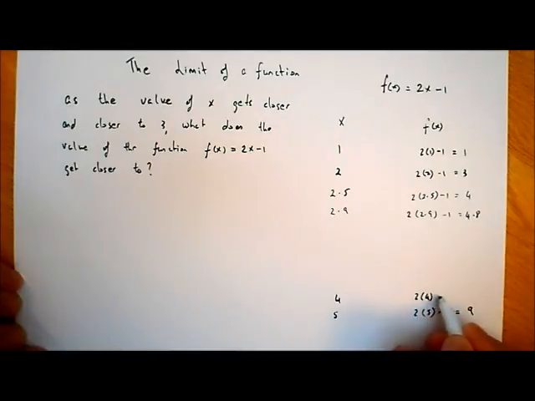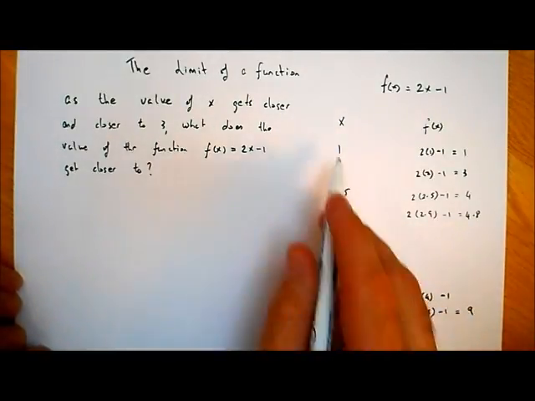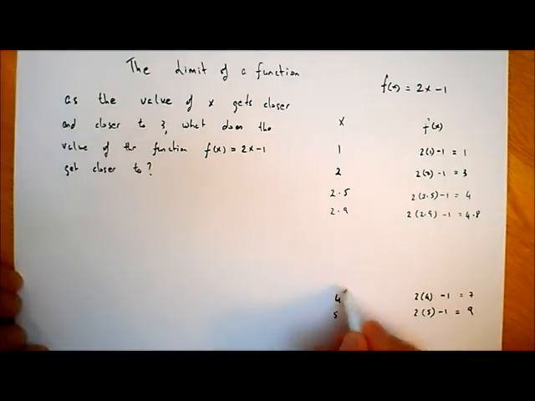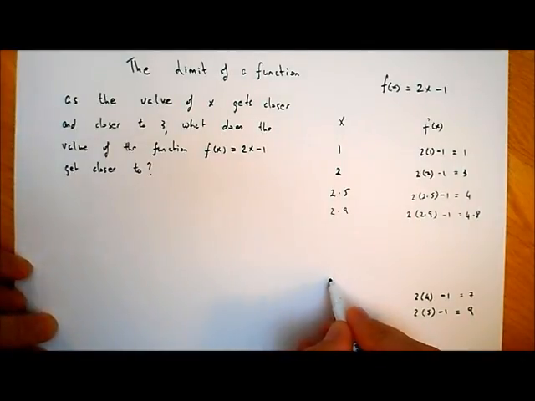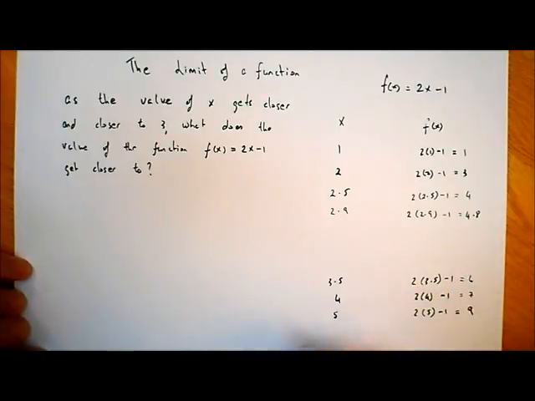So 2 by 4 minus 1, which is 8 minus 1, which is 7. I'm working out the value of the function every time for these values of x. What's another number closer to 3? We go 5, 4, let's say 3.5. So when x is 3.5, 2 by 3.5 minus 1 is 7 minus 1, which is 6.